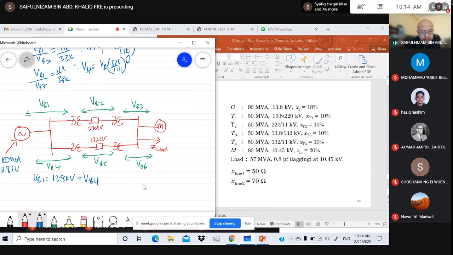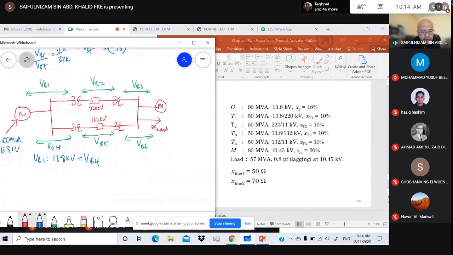Then we continue with the other parts. I put the old values, it's much easier to see. Otherwise, it's difficult.